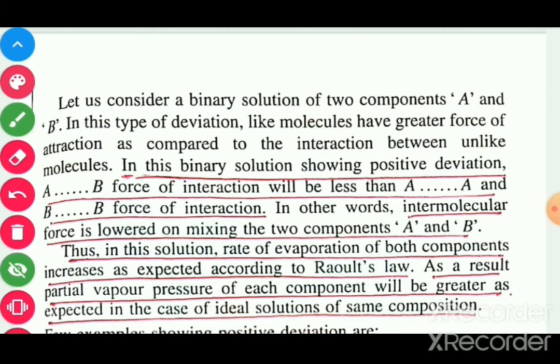Thus, in this solution, the rate of evaporation of both components increases as expected, as compared to the ideal solution. As a result, the partial vapor pressure of each component will be greater than expected in the case of an ideal solution of the same composition.